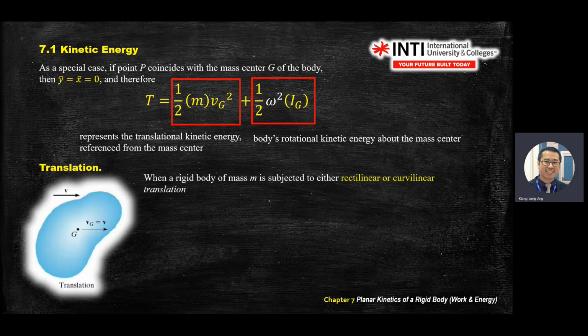So you look at this equation. If you have an object that does translation, what happens to this equation? You have this object moving in a straight line.